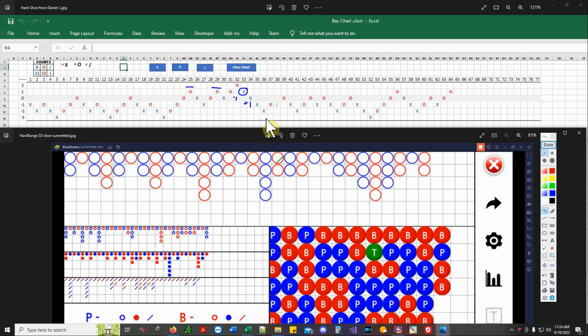Okay? Here we go again. Resistance is established. You got a unit right there. Resistance is established. You got a unit right there. Here's the hook play.